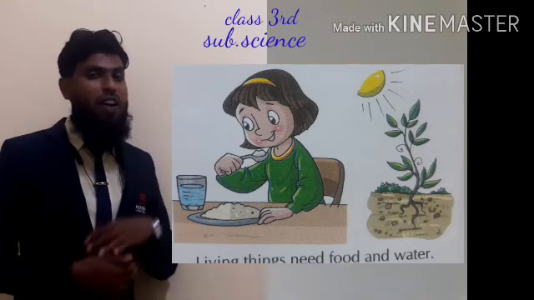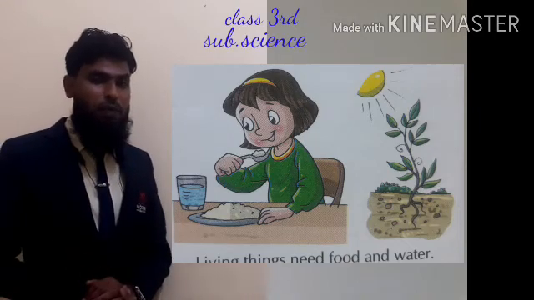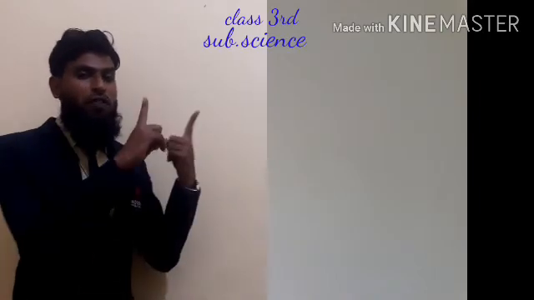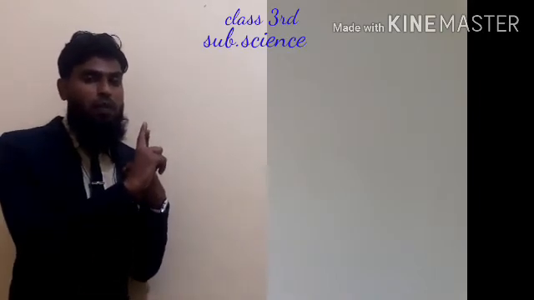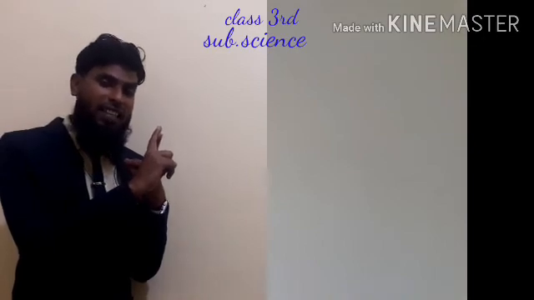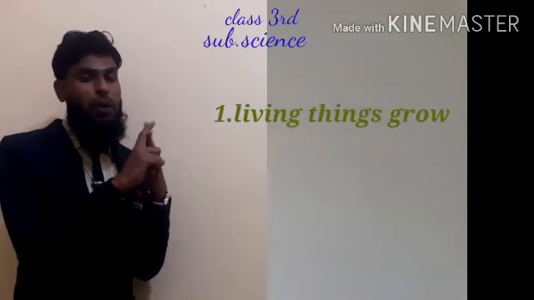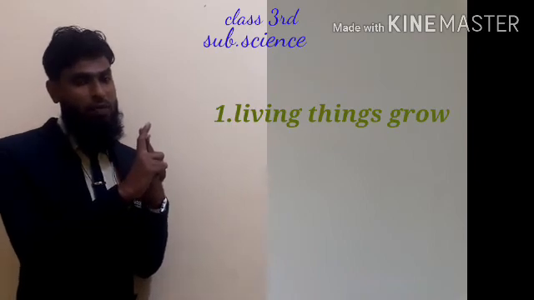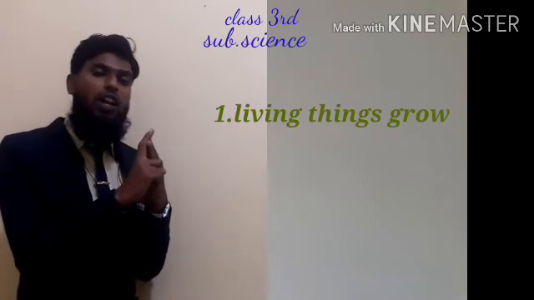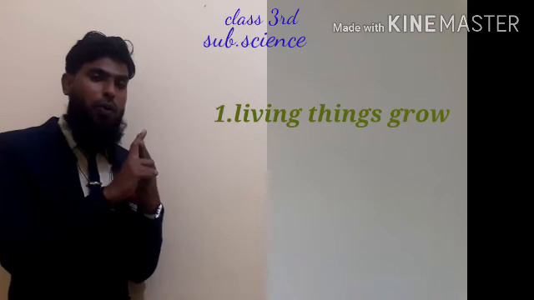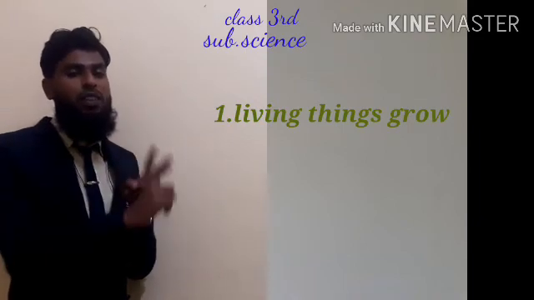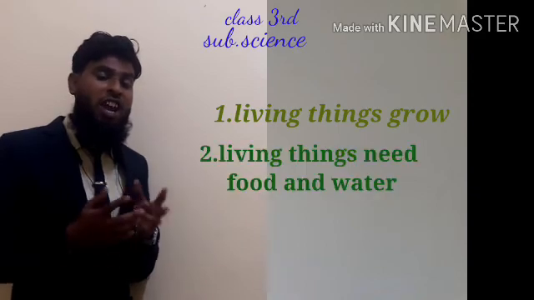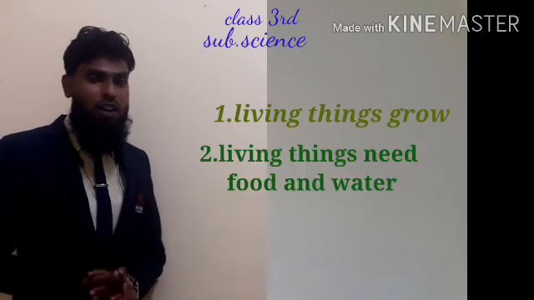I will revise once again these two features. Focus on my words, what I say. The first feature of living things is, living things grow. That means increasing in shape and size. And non-living things do not grow. The second feature is, living things need food and water.